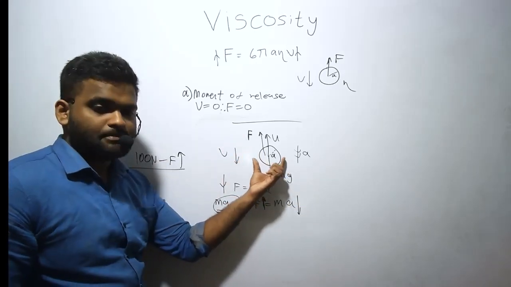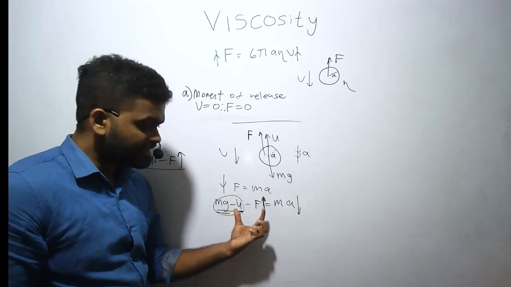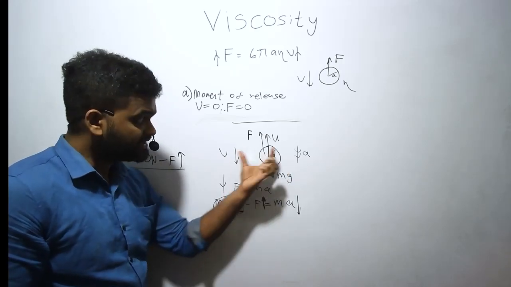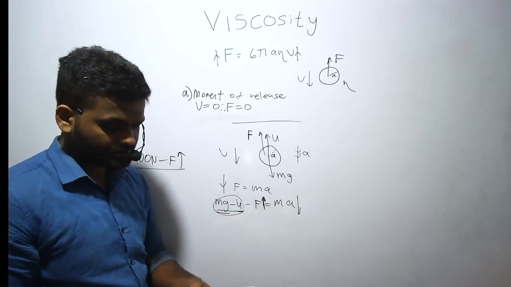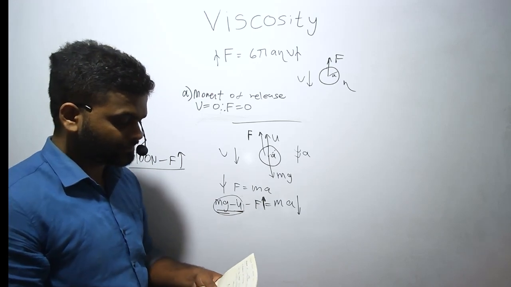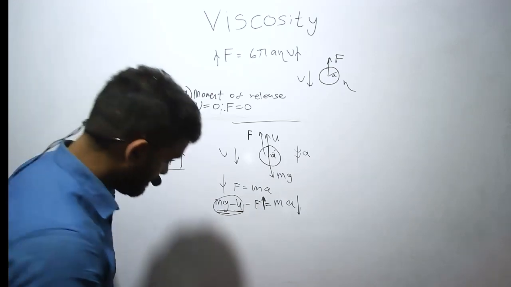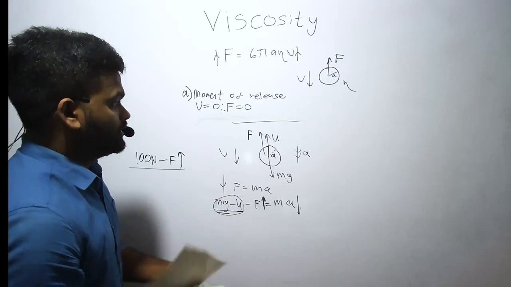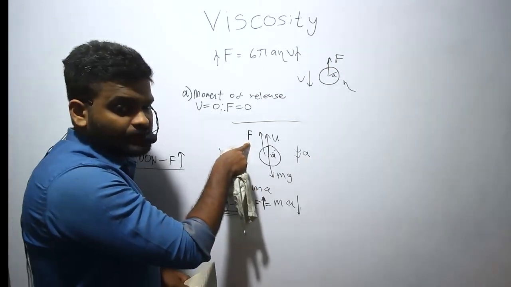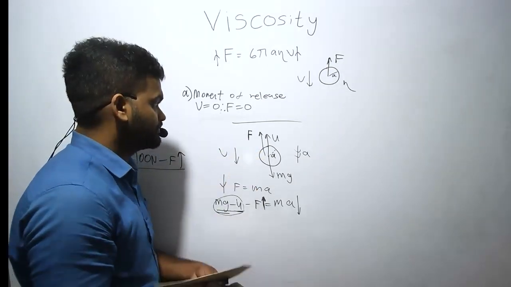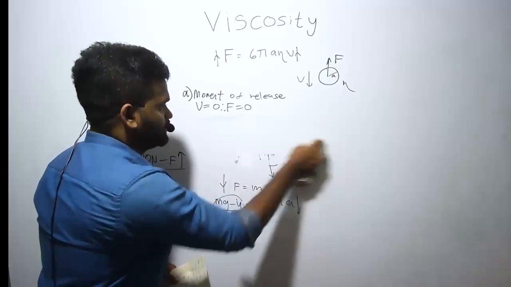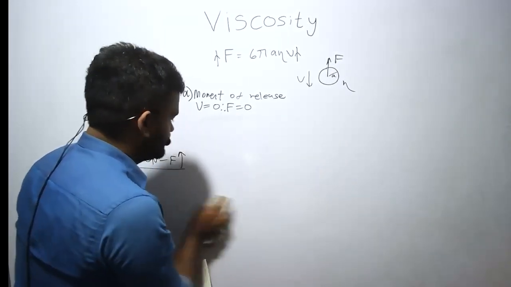So this has a maximum acceleration in the beginning. Okay? Right. So in the beginning, we don't have an F, so I'm going to remove F, right?